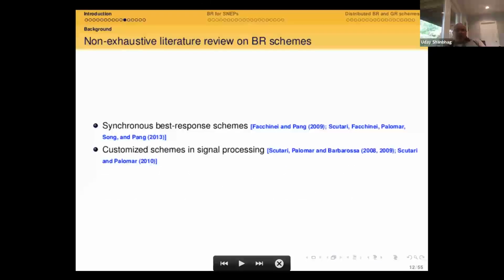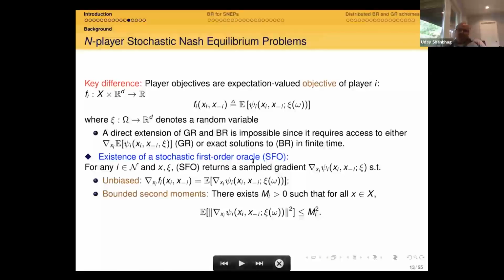Now, our focus in this talk is on problems that are complicated by uncertainty. We're going to be looking at settings where the objectives are expectation-valued, and if time permits, I might talk about risk measures at the end, but it's not clear that I'll get time. If someone wants to raise that question, I'm happy to talk about it. So you have an expectation over some random integrand, where psi represents a random variable.